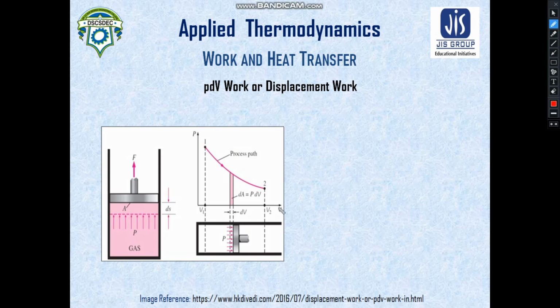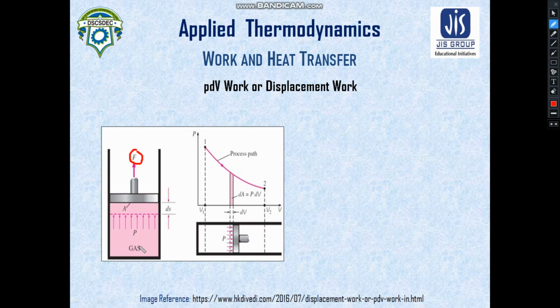So as you can see in the diagram over here, a certain mass of gas is under the effect of a piston which is exerting a certain amount of force F on the gas. So this is an equilibrium position.